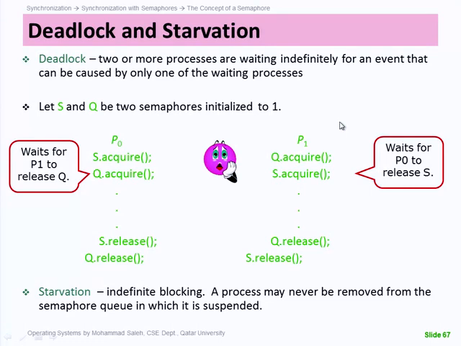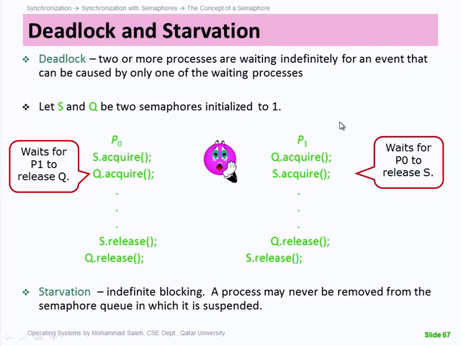Consider this situation. We have two processes, P0 and P1, and assume that we have two resources in the system, each one of them a single instance. These resources are S and Q, because we model each one of them with a semaphore.